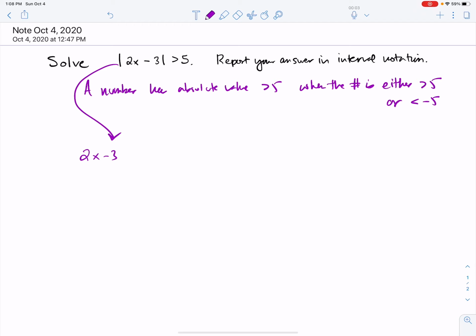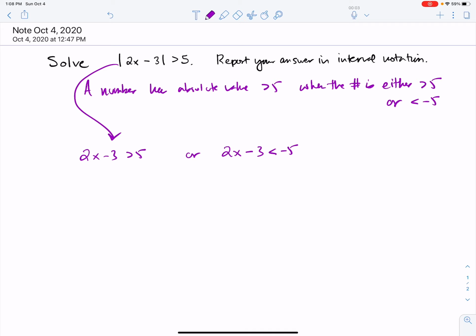Either the expression is bigger than 5 or the expression is less than negative 5, because the expression is standing for a number. We put a number in for x, we get a value for the expression. And so either 2x minus 3 is bigger than 5, or 2x minus 3 is less than negative 5.